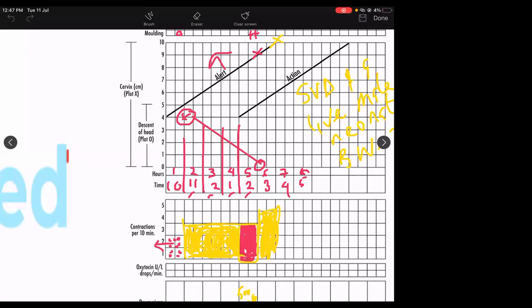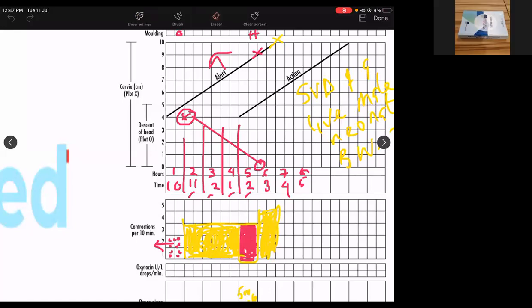So let's assume now you want to plot this. This is what you mean, right? The one that we plotted here. Assuming you want to plot it here, that means this line, when we said that she's at 4 centimeters cervical dilatation at 10.